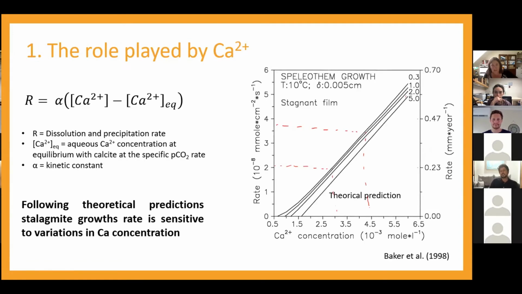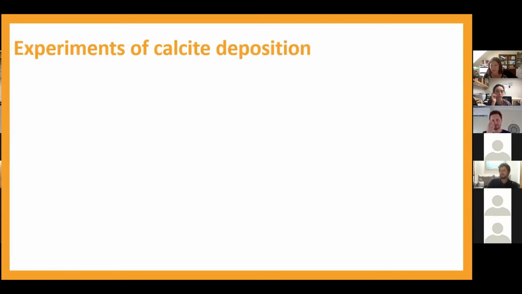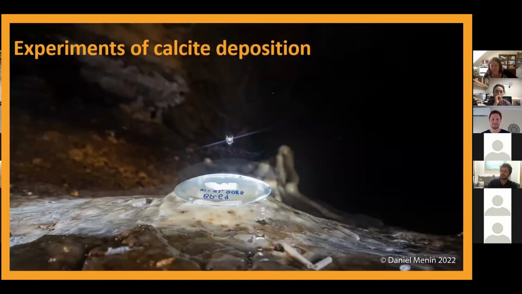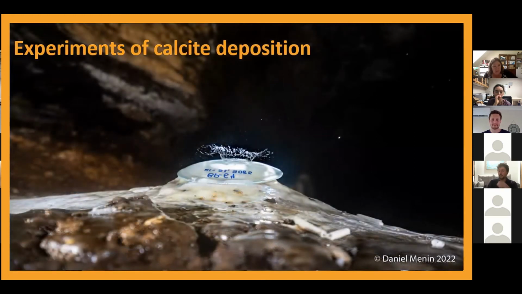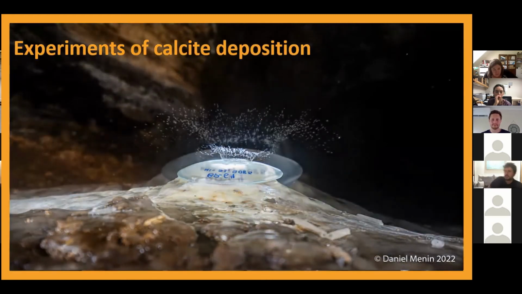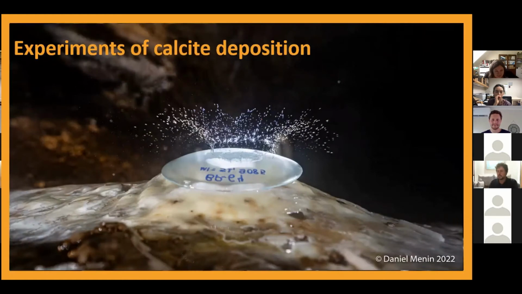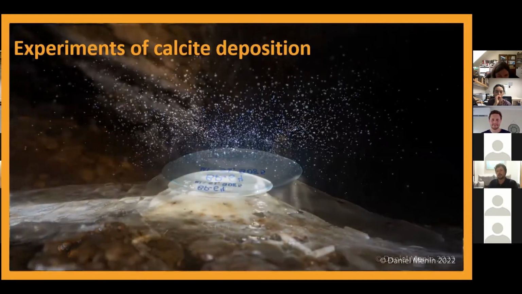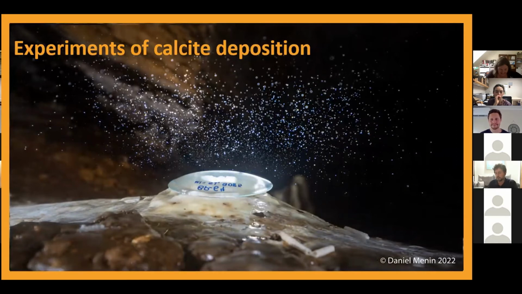So you can see there's a linear relationship between calcium and deposition rate. But then we can test this experimentally. The best way to test this is through experiments in the caves using artificial substrates like this. Experiments like this have been performed since the mid-90s. The use of this artificial substrate is really interesting, particularly this glass watch substrate, because it's curved and we can reproduce the effect of water flow across the borders.